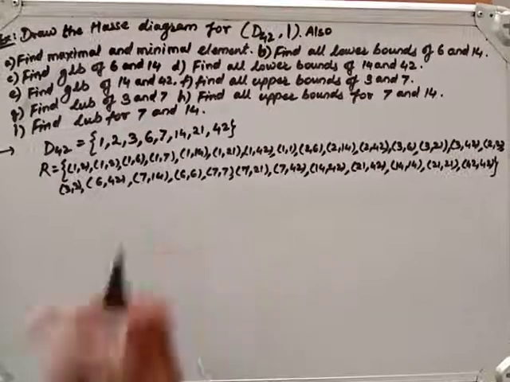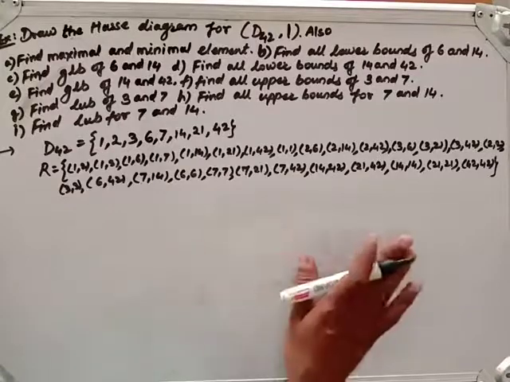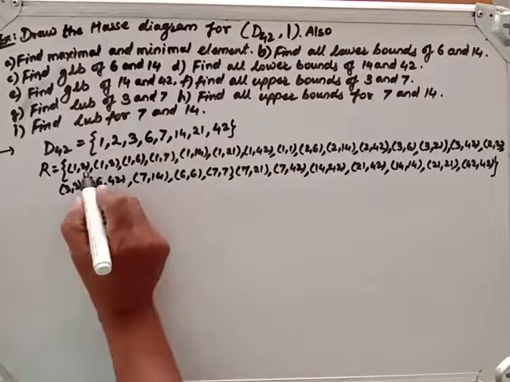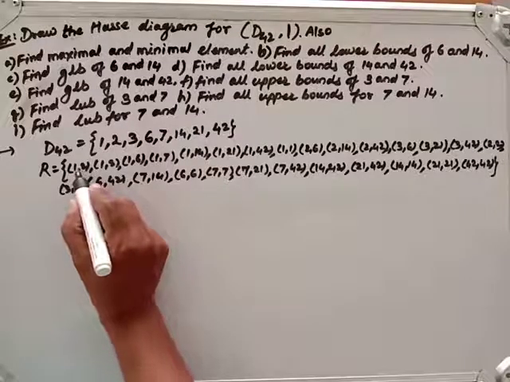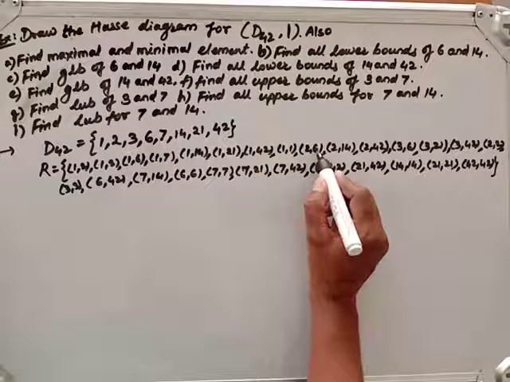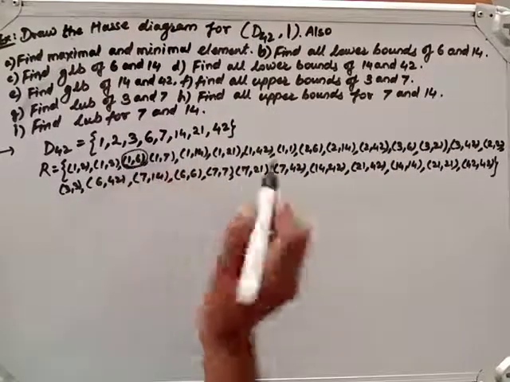Now look here. I want to draw a diagram again, but we remove the pairs which we don't require. This 1 related to 2 and 2 related to 6, so 1 related to 6 is there. This pair we won't use.